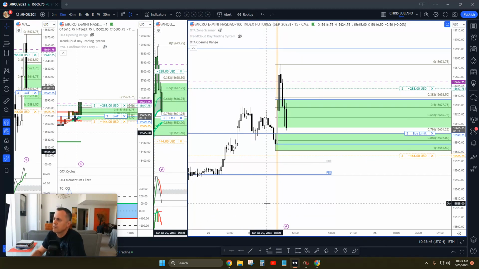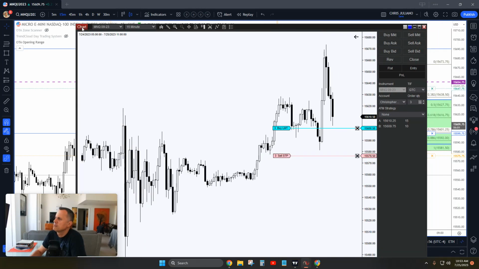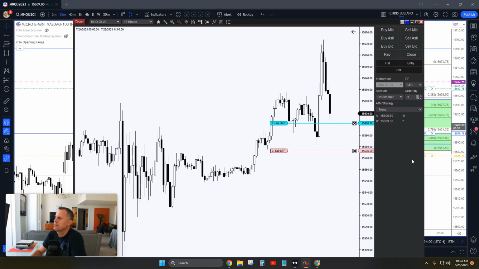All right, let's see. Open this up. Focused in on that. That's all you can do. This is what it looks like on NinjaTrader. Look at how close. Let's watch it on NinjaTrader. Look at how close.